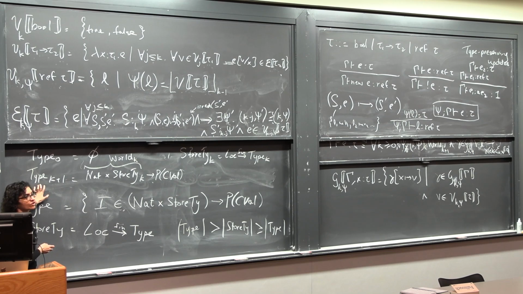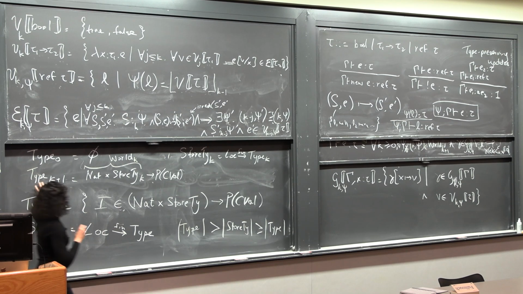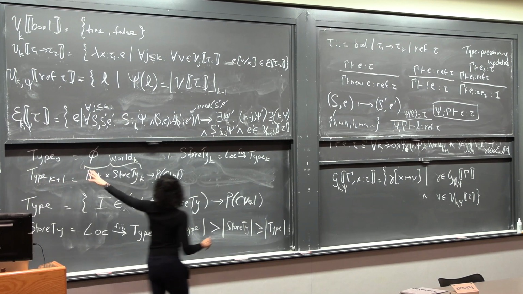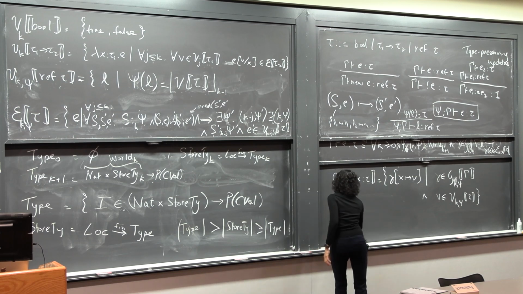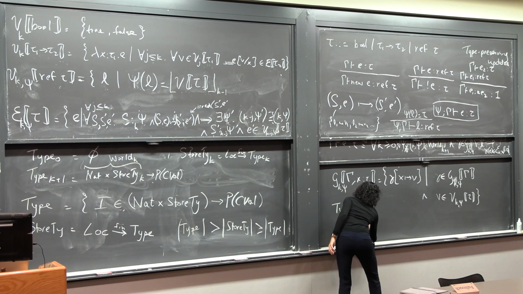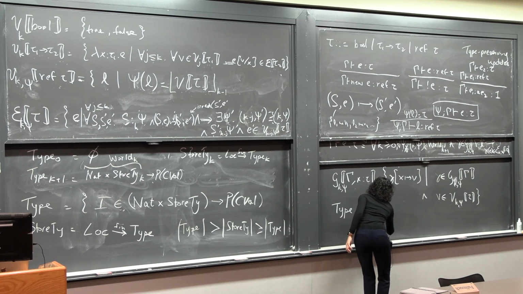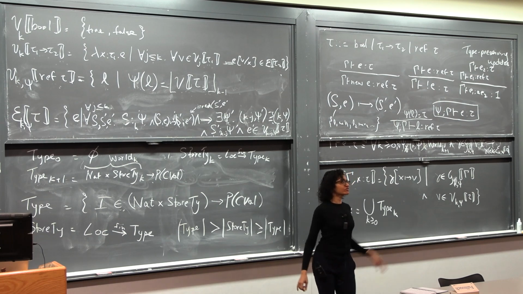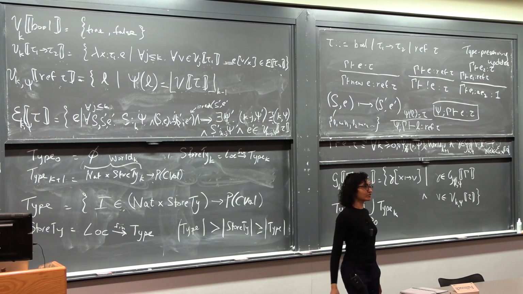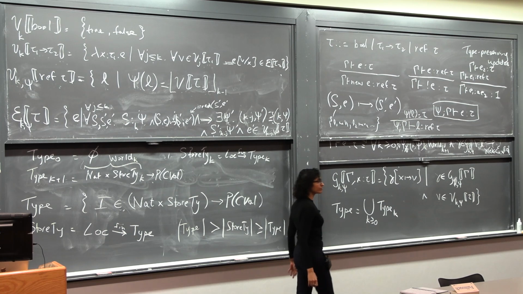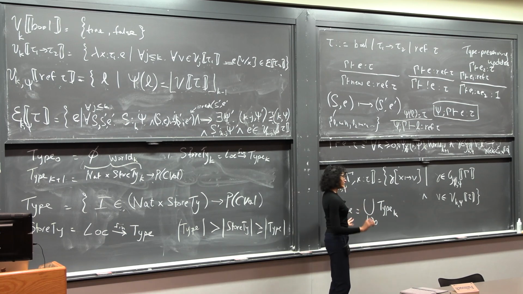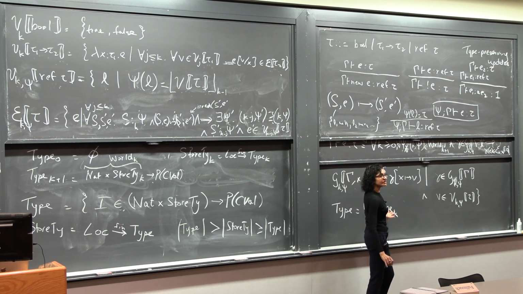Normally we write down types indexed by all of that, and then somewhere in the paper we'll say, oh, and TYPE is equal to the union for all k greater or equal to 0 of TYPE k. In other words, now I'm just going to squint and not think about the actual level of type that you're drawing from. But even so, this type is coming from something that we built. It's fully stratified, very good structure.